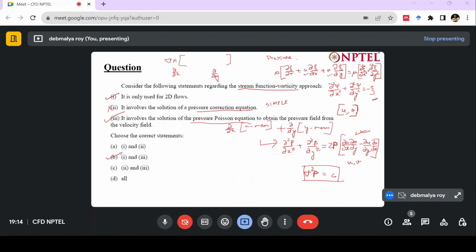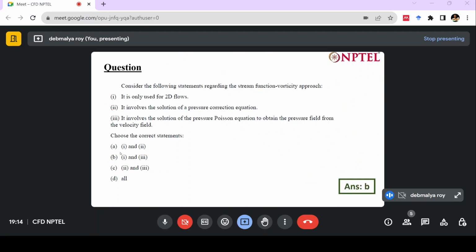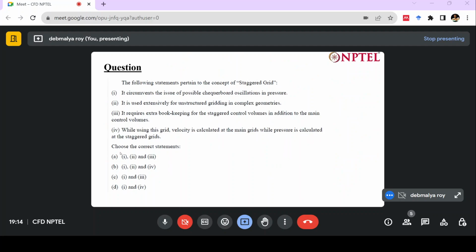All right, so let's go. Now we move away from this stream function and vorticity approach, and we will start doing some other approaches to incorporate pressure.